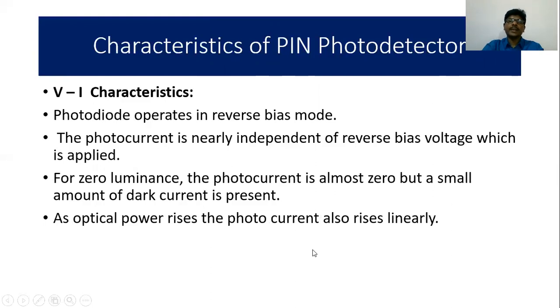So what are the VI characteristics of PIN photodetector? The photodiode operates in reverse bias mode. The photocurrent is nearly independent of reverse bias voltage which is applied. For zero luminescence, the photocurrent is almost zero, but a small amount of dark current is present. As optical power rises, the photocurrent also rises linearly.